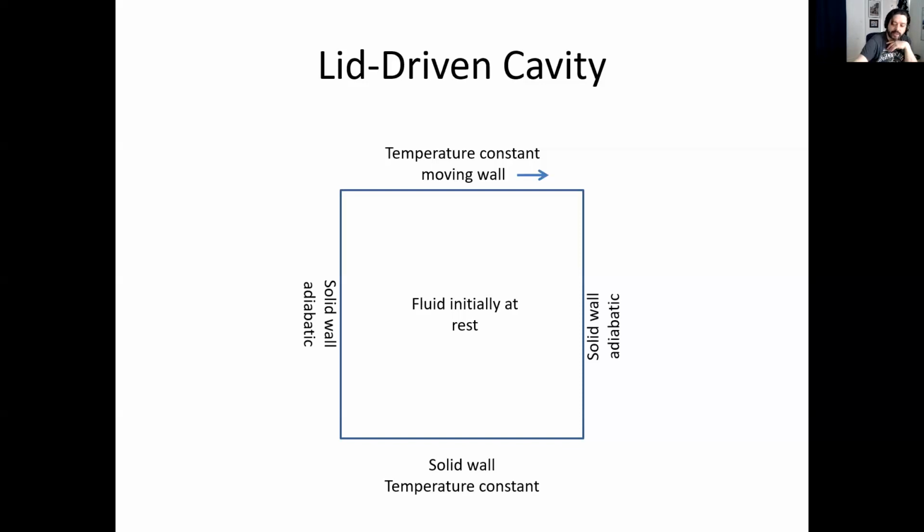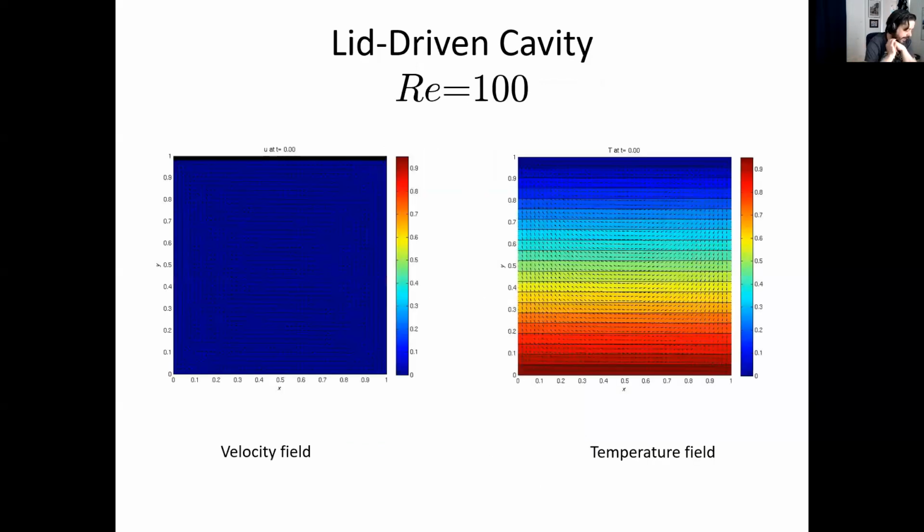But anyway, this is the setup, and if you now start to look at some of the results, as we discussed earlier, there is just one dynamical parameter that describes the flow case if you assume that we have a square cavity, and that is the Reynolds number.